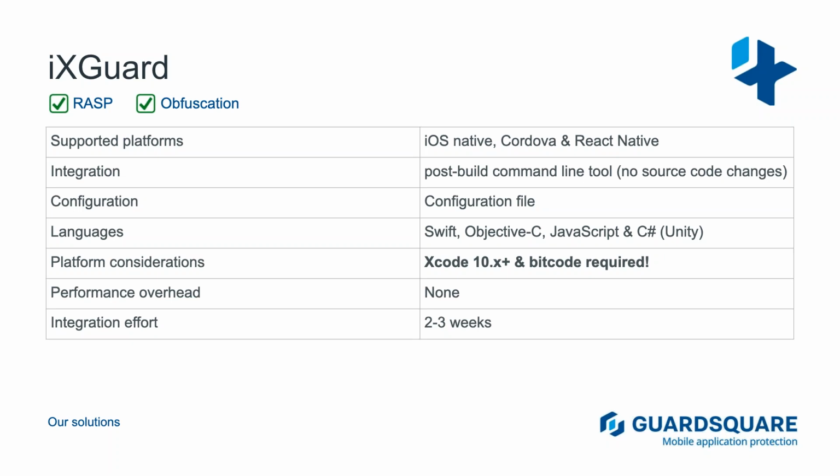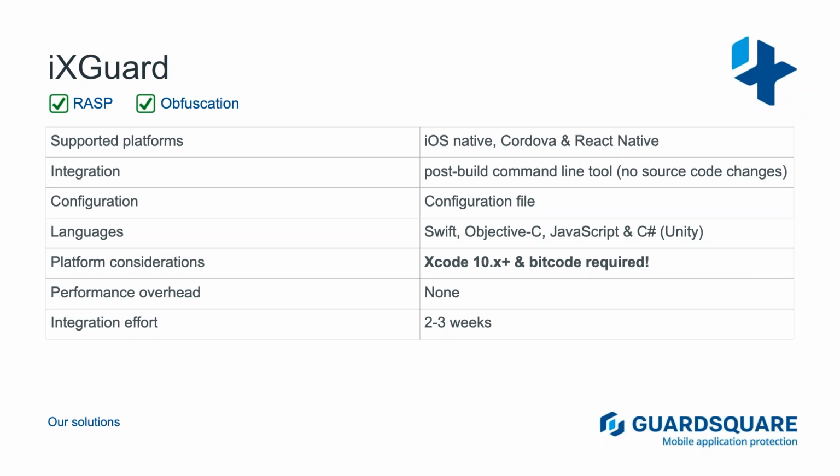It will also apply name obfuscation to the class names, method names, variable names, and so on. It can encrypt security-sensitive strings in your app, and on top of that, it will also give a RASP feature set available to you. So you will be able to detect jailbroken devices, debuggers, hooking frameworks, or you will also be able to detect if your app has been tampered with.